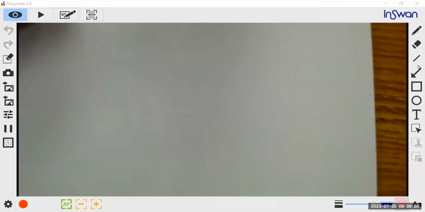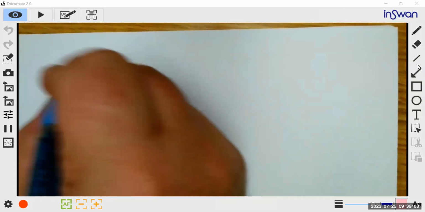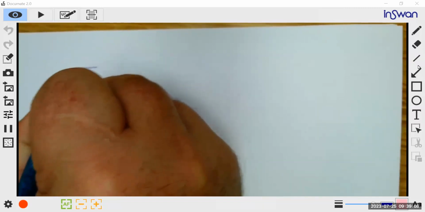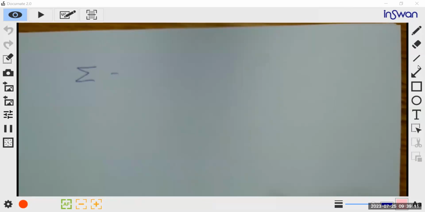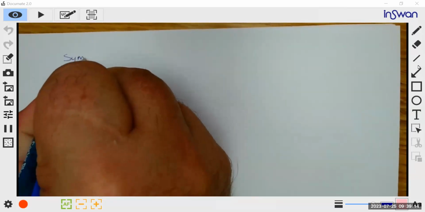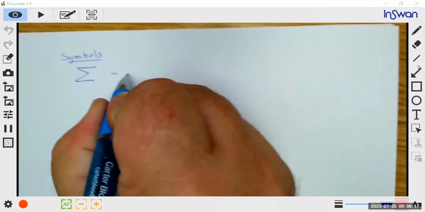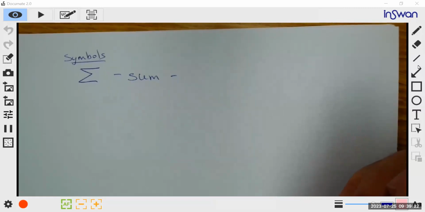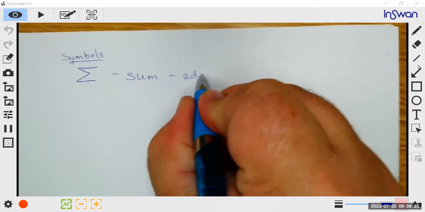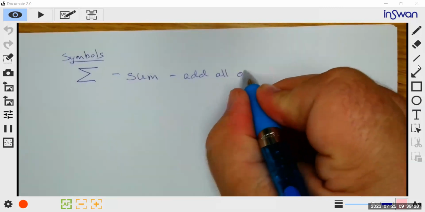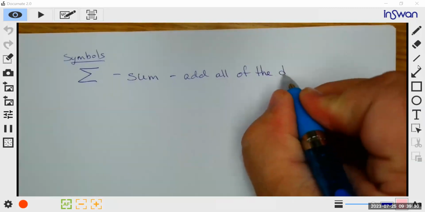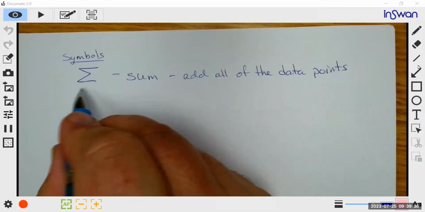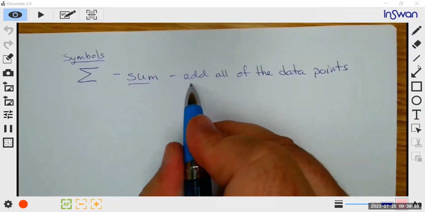All right, let's look at the differences when we calculate the mean. Let's look at some differences in what these things mean. Let's look at the symbols. What does that symbol mean? Which means yes, it does mean sum or sigma, but sum means add up all the data points.